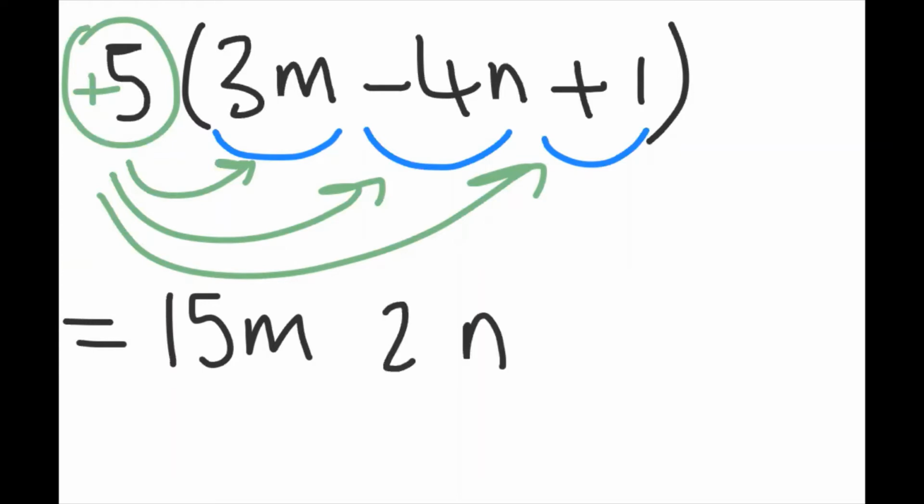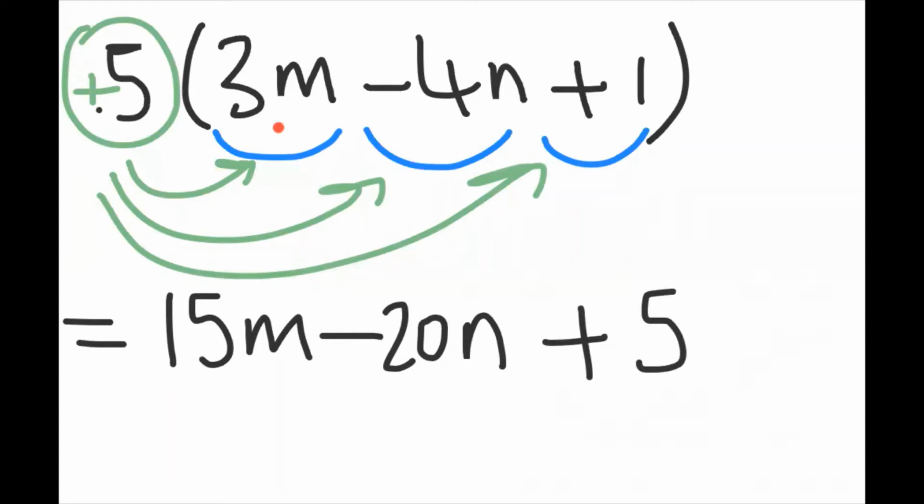The plus and the minus gives us a minus. Then we do the last one, 5 times 1, that gives us plus 5.